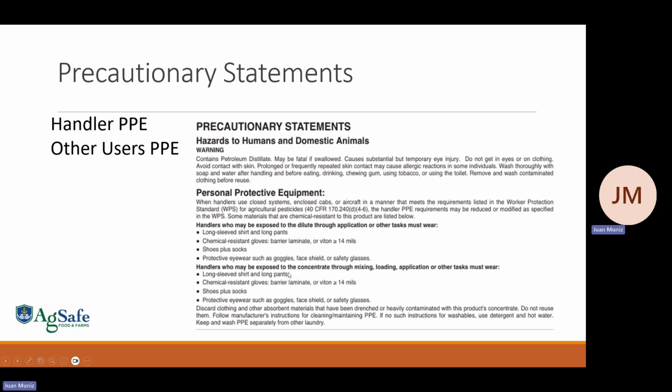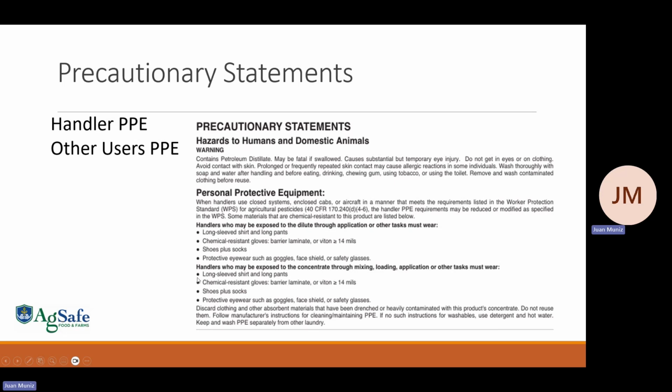So here the key word is concentrate. That means you're handling concentrated products. So this usually indicates the mixers and loaders, and not the applicators. Generally, they're not handling concentrated products, although they can. So this section is for mixers and loaders.